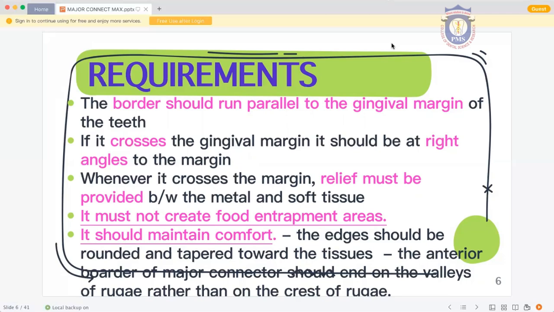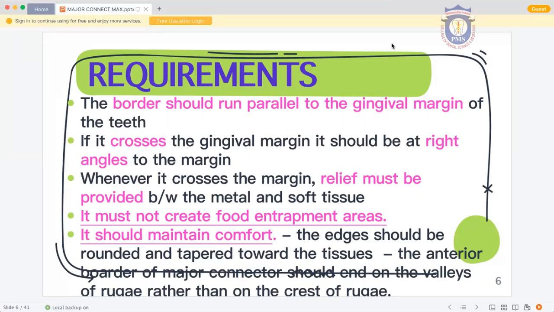It must not create food entrapment in the areas. Always keep in mind that there is every chance for food to go in between the prosthesis and the soft tissue. So it must not create any chance for food entrapment, and it should always maintain comfort.